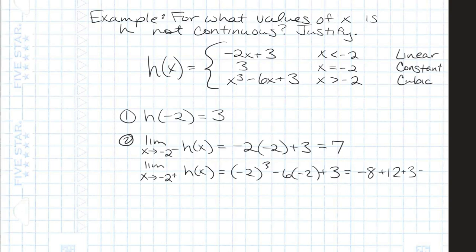Plus 3, that equals 7. Does this limit exist? Yes, because the left side and the right side were the same. So in this next step, we say the limit as x approaches -2 of h of x is equal to 7. That's good. It exists.